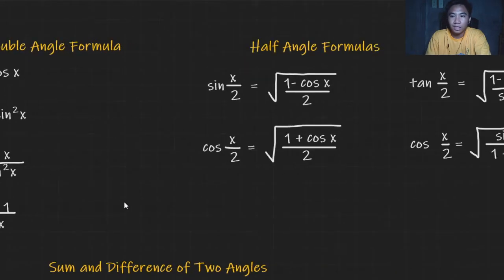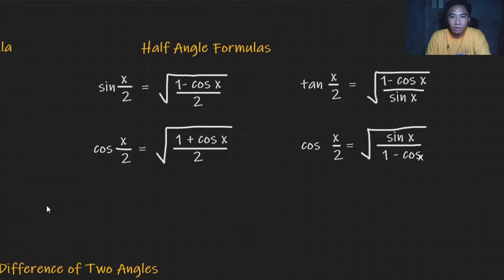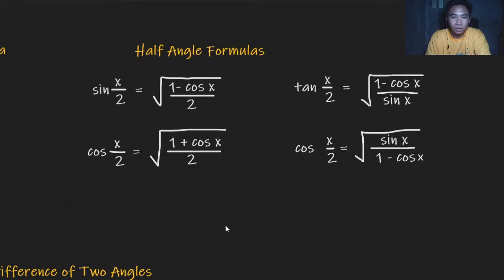So, next is half an angle. Ito naman, screenshot nyo lang kasi sulat. So, sine x all over 2, naka-half yung angle, is square root of 1 minus cosine x all over 2. Next is cosine x all over 2 is equal to square root of 1 plus cosine x all over 2.